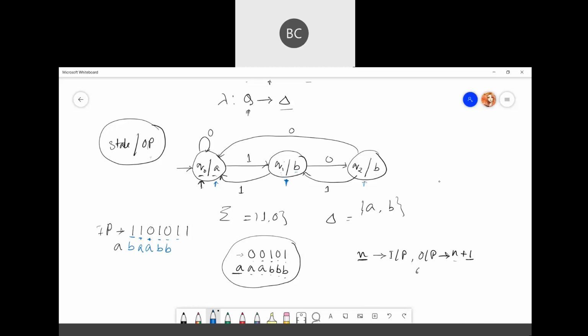So from Q2, if you take symbol 1, it is going back to Q1 and output is B. And from here, after taking 1, it is going to Q naught again and the output is A. Okay, that's the output for your input. One extra A will be there. Got it?